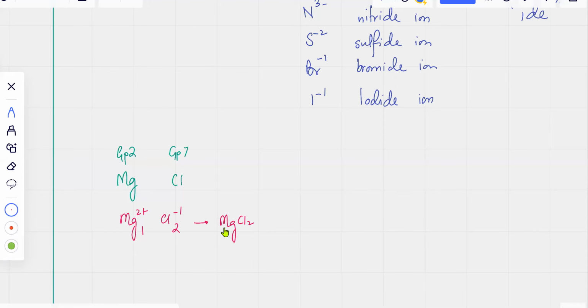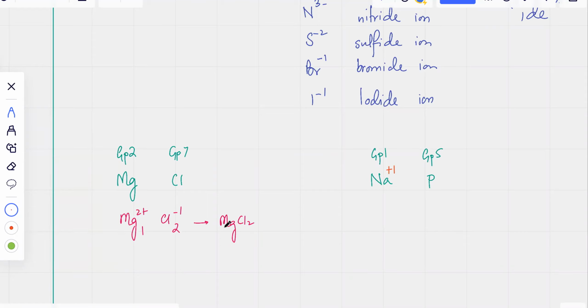Let's do another one. Let's say I've got sodium, which is Na. It's in group 1, and I've got phosphorus, which is group 5. What would be the formula of this? Na3P. ठीक है, so Na3P.